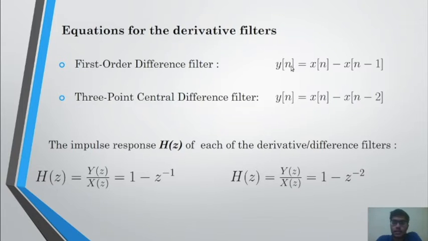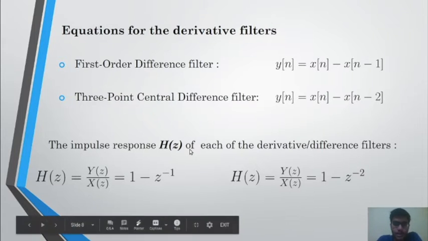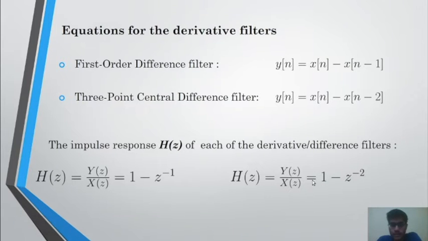This is y[n] is equal to x[n] minus x[n-1]. So here we have one time delay, and there are 2 units of time delay here. Now if we take the z transform of this equation, we will arrive at this equation, and if we take the z transform of this equation, we will arrive at this equation.